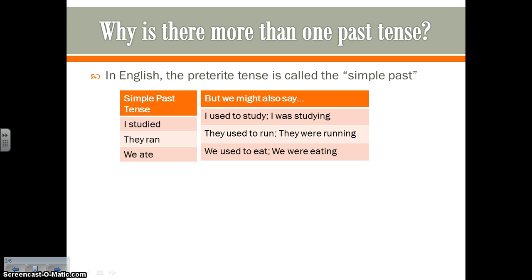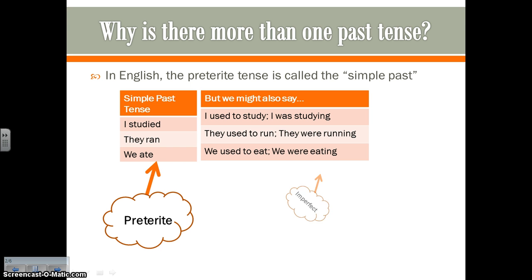And we used to eat, or we were eating. Okay? So simple past tense: studied, ran, ate. But notice the imperfect: used to study, was studying, used to run, were running, used to eat, were eating. All of those examples are going to use the imperfect tense.